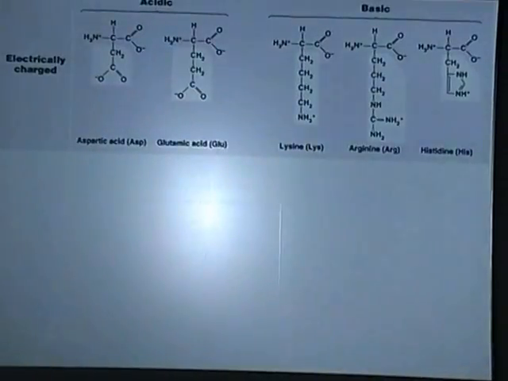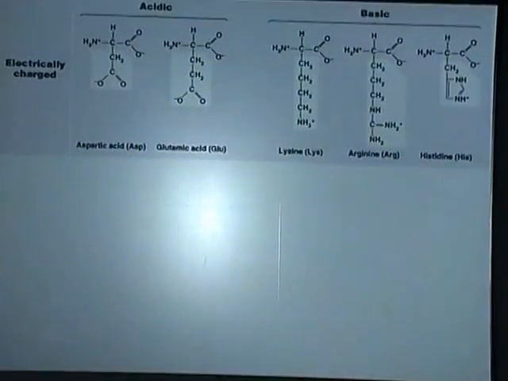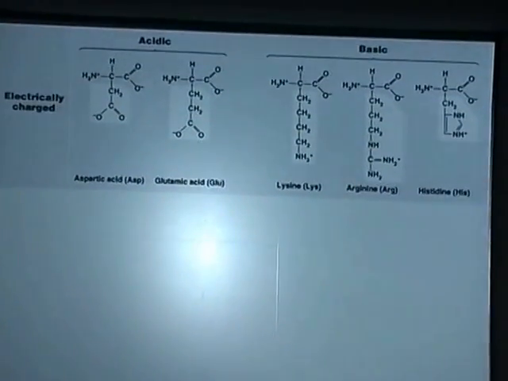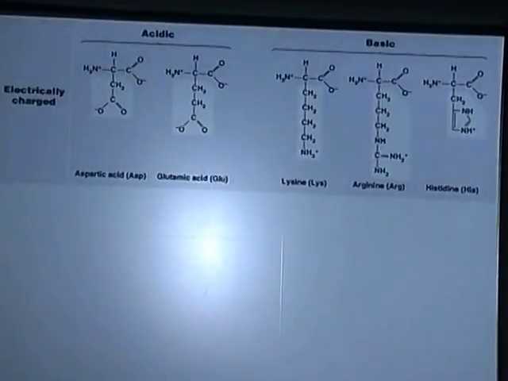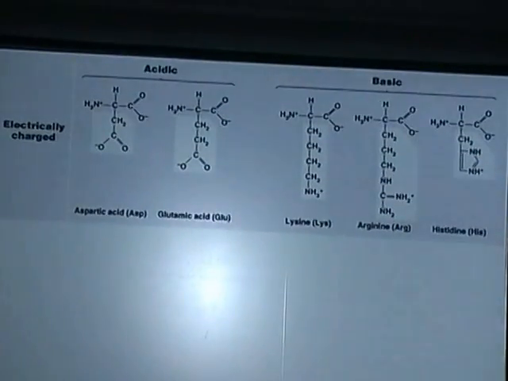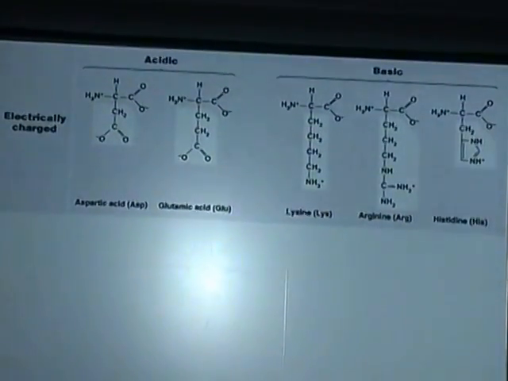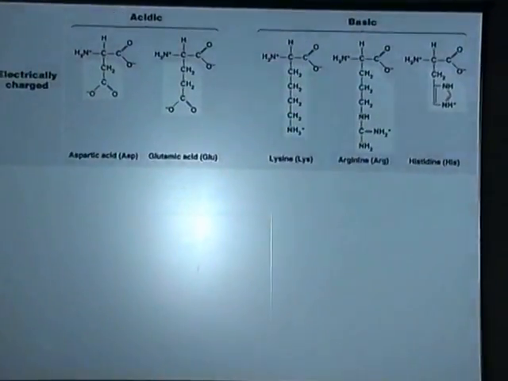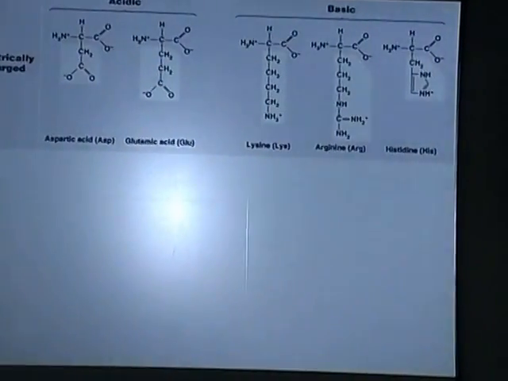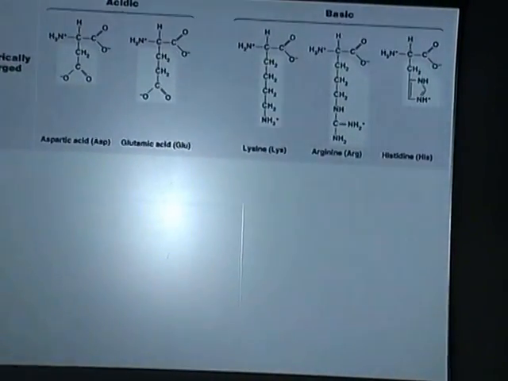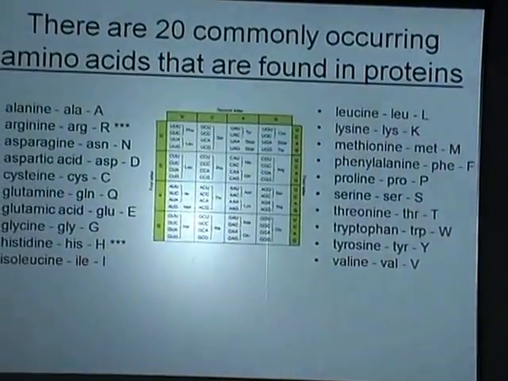And then there is something which is charged. By charged I mean it has ionized groups, NH2 plus, carboxylate.